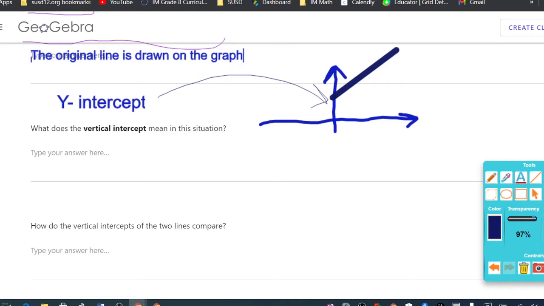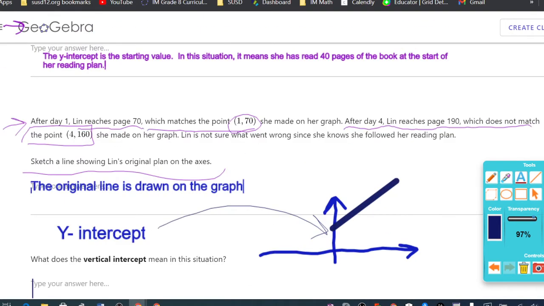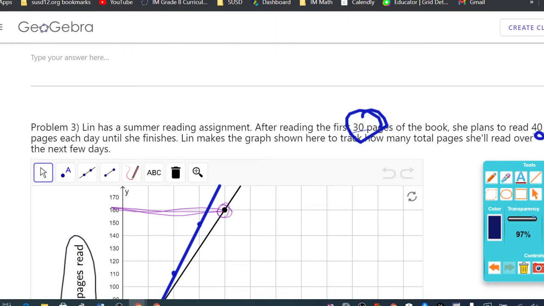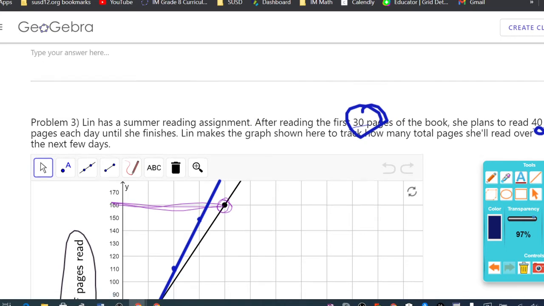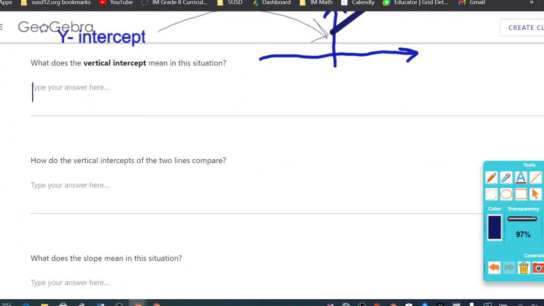It means how many pages she has read before she started her plan. Back up to the top, it says, after reading the first 30 pages of the book, she plans to read 40 pages each day until she finishes. So she made this plan after she had already read the first 30 pages.